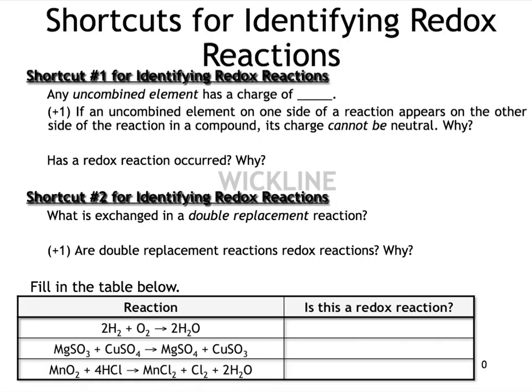Firstly, from yesterday, you remember that an uncombined element has a charge of 0. Therefore, if you have an uncombined element on one side of a reaction that is combined into a compound on the other side of the reaction, then that reaction cannot be showing you anything but redox.